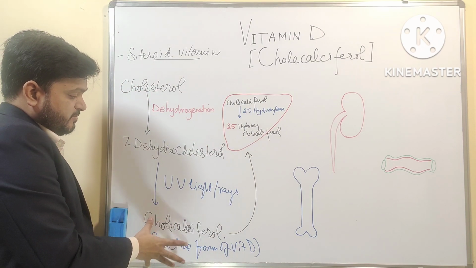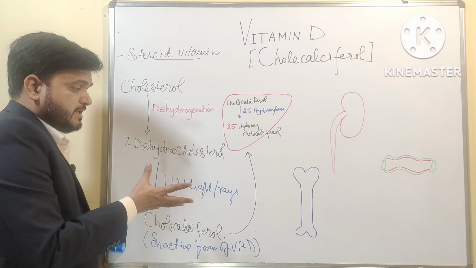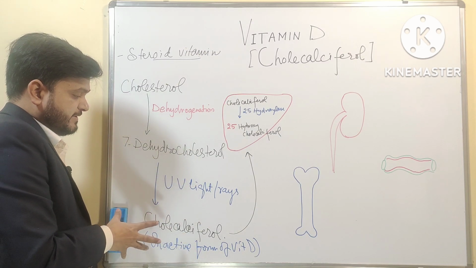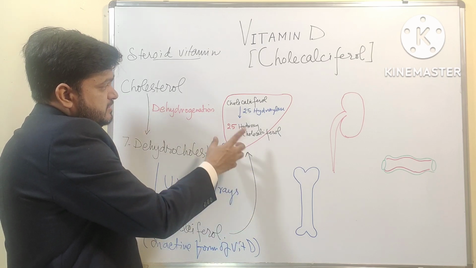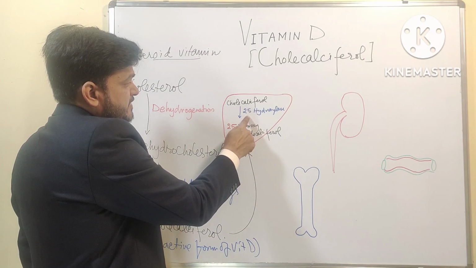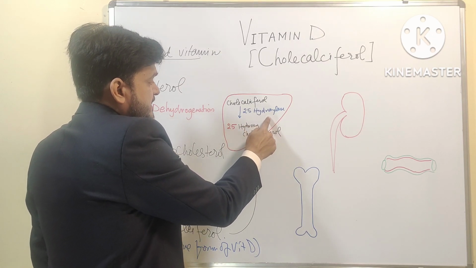So the inactive form, that is cholecalciferol, synthesized in our skin under the influence of ultraviolet rays, is transferred to the liver, where we have a very important enzyme, 25-hydroxylase.